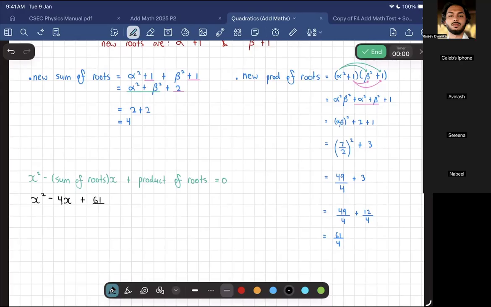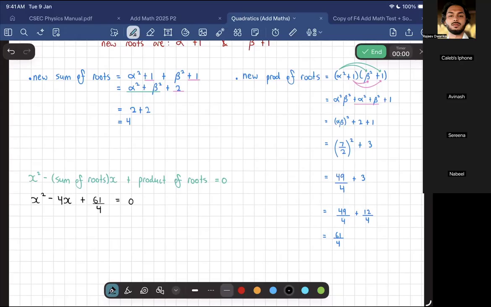Right, but remember, we want integer coefficients, meaning our numbers must not have any fractions. Well, right now we have a fraction. We have 61 being divided by 4. What would I need to do to get rid of that fraction? Divide by 4 on each side.